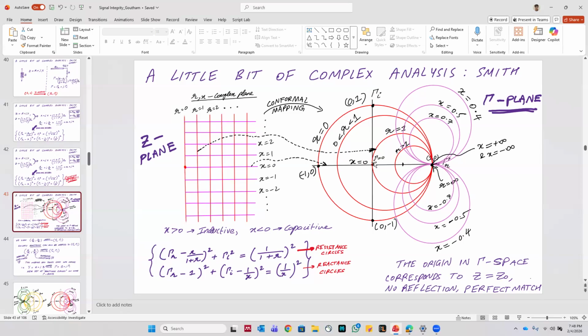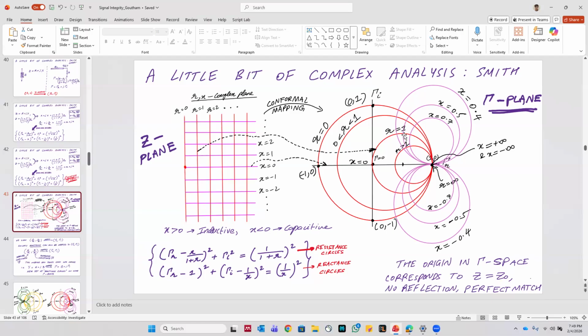Equivalently, you are not moving in a line anymore, but you're moving in a circle. So you're moving on the R equals 1 circle, and as you're moving on the R equals 1 circle, you're going through different X circles, which is equivalent to X changing.